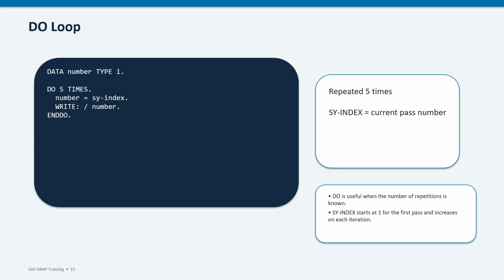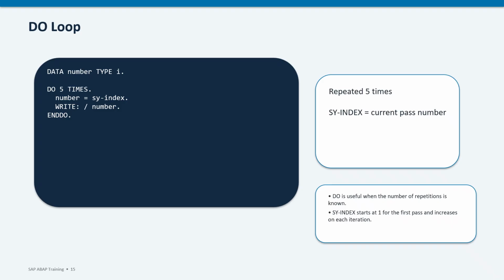Next we'll discuss the do loop. The do statement is used to repeat a task a specific number of times. For example, here number is of type I, but we did not initialize any value for number. We say do 5 times.